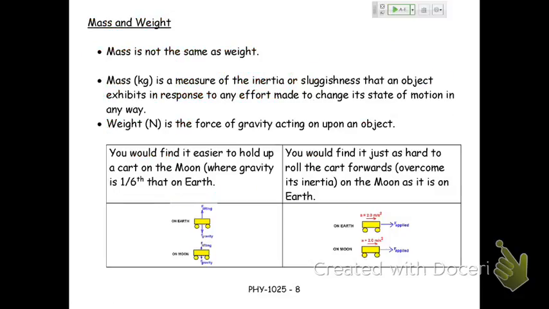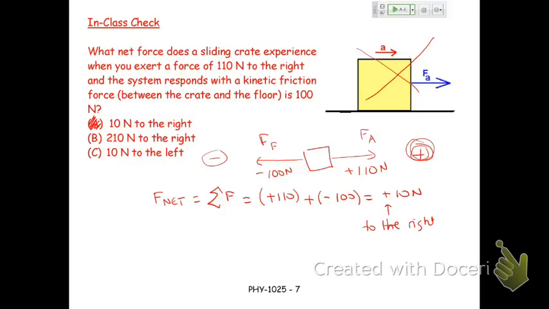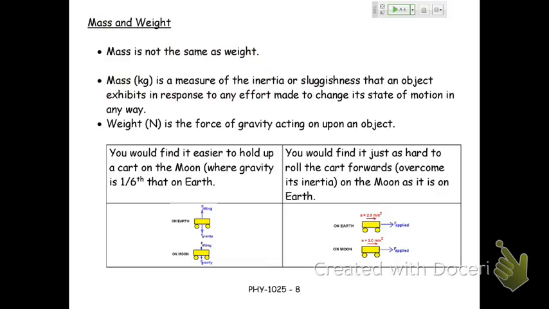Okay, let's draw ourselves a bit of a line. We're going to now talk about mass and weight. We've kind of been here before. Mass is not the same as weight. Mass is measured in kilograms, and weight is measured in newtons.